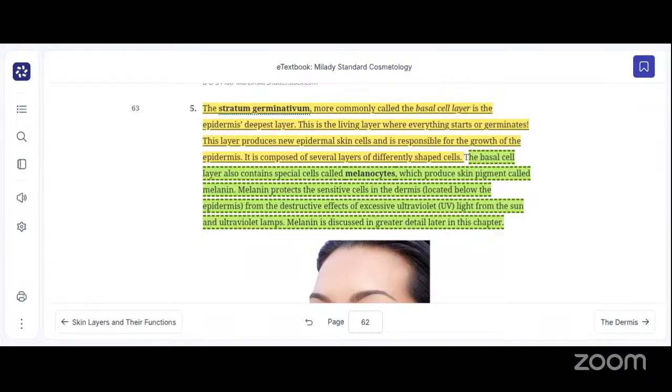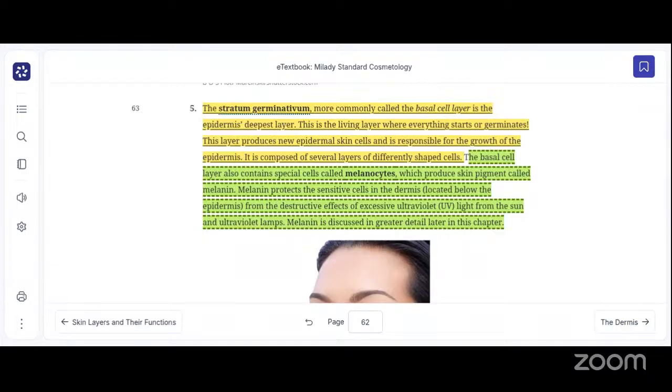You go all the way down to the bottom of your epidermis, and you'll find melanin. Melanin comes out to protect the dermis.